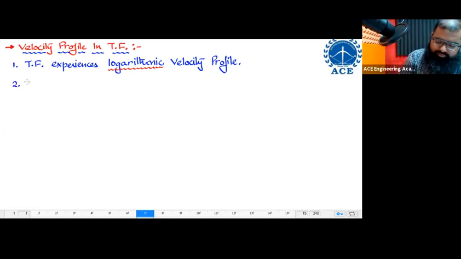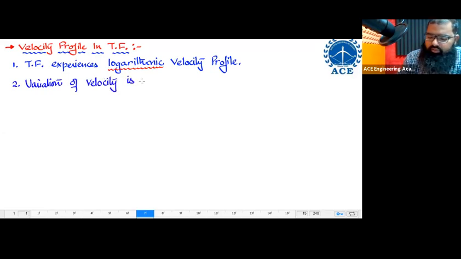So I can say variation of velocity is strong near the wall of pipe.